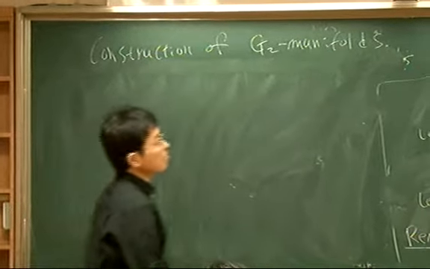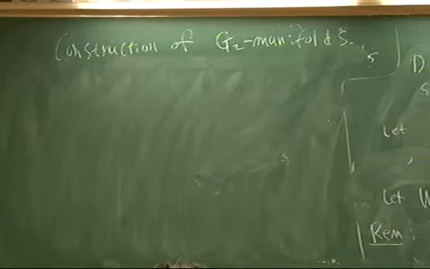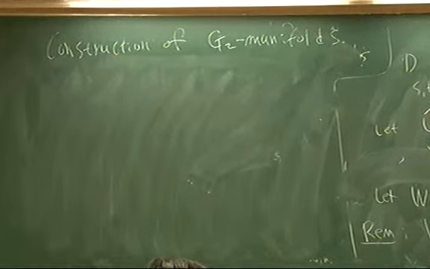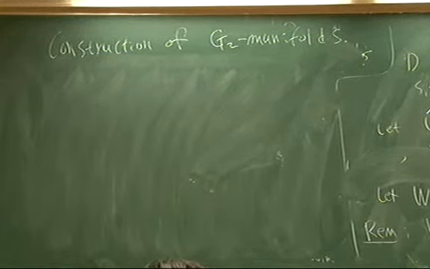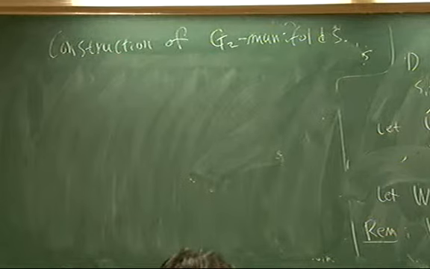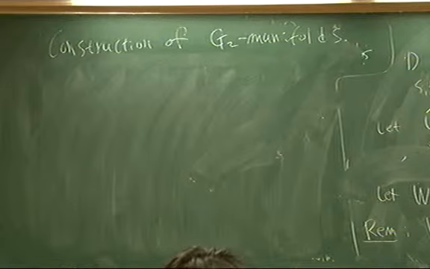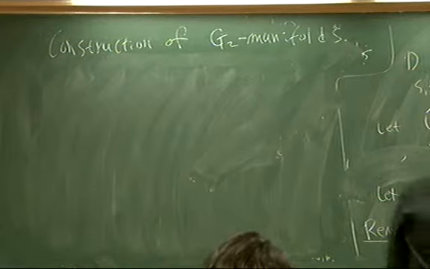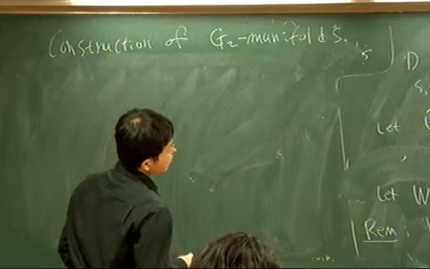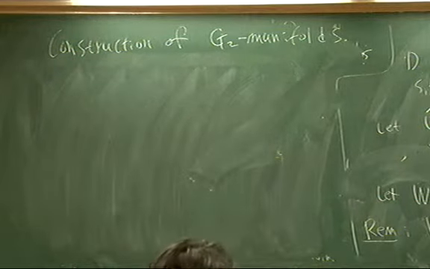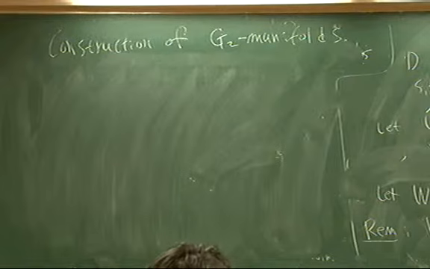Okay, so we start with the same Y1 and Y2. But you know, this G2 manifold is 7-dimensional. So at this time, I think no one can expect how they are related, but let me explain. In the G2 manifold case, we need this condition, but the second one should be a little bit stronger.